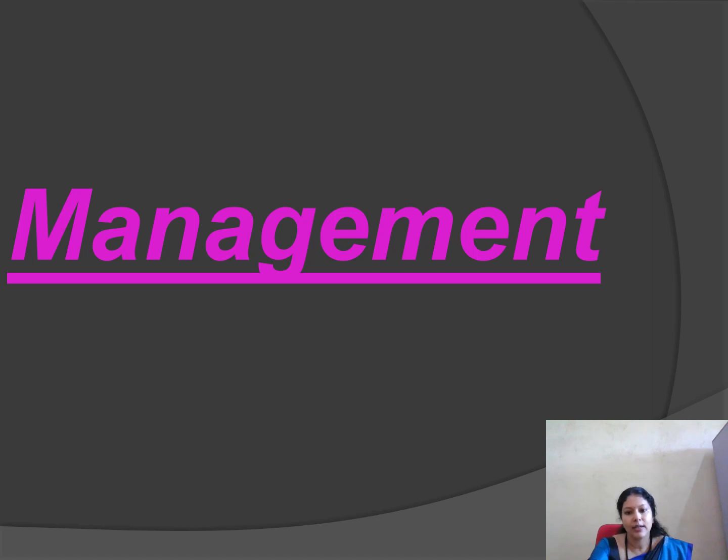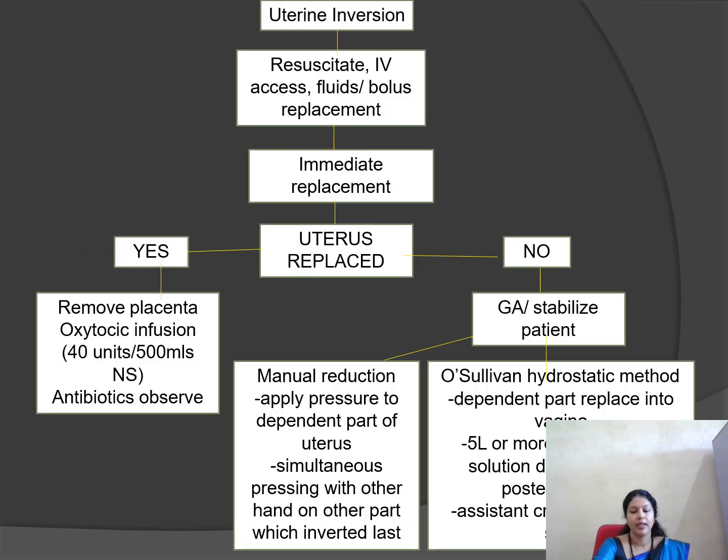Next, let us see the management of uterine inversion. The uterine inversion management you can see in this diagram. First, you should resuscitate the mother. You should start the IV line. You should go for the fluid replacement. And immediately after that, you should go for the replacement of the uterus.